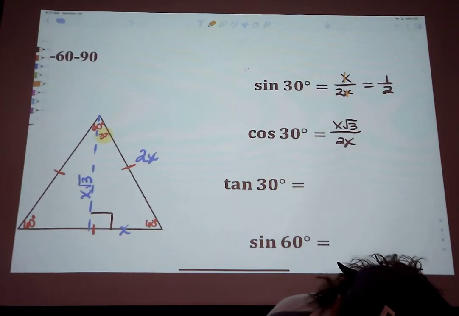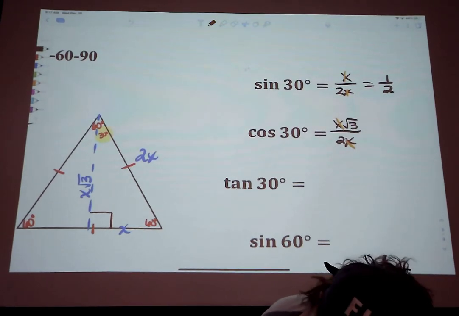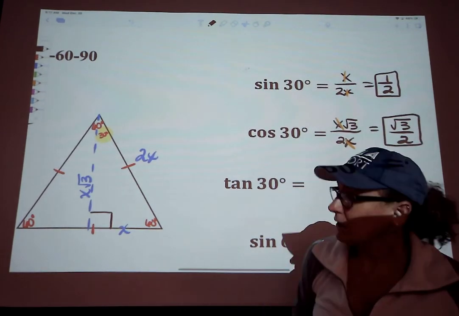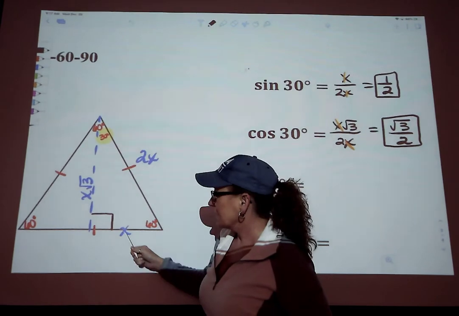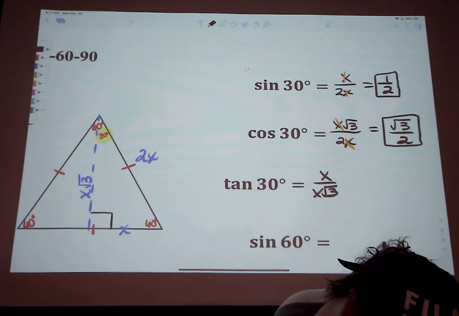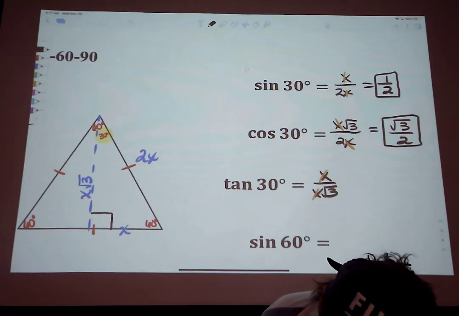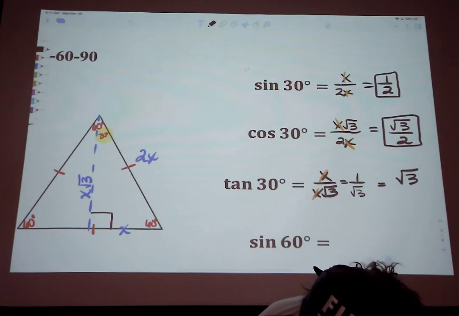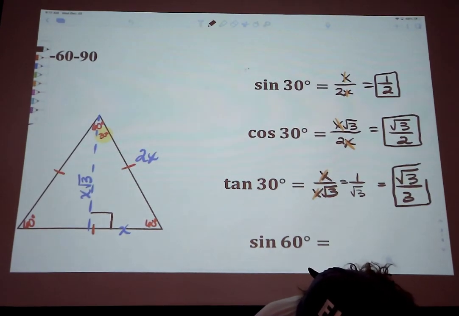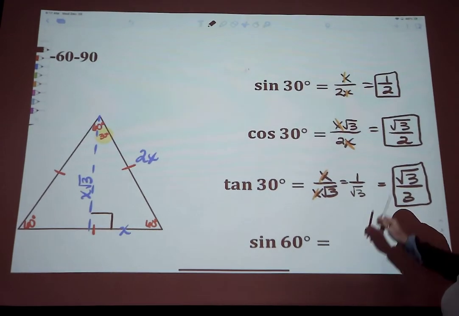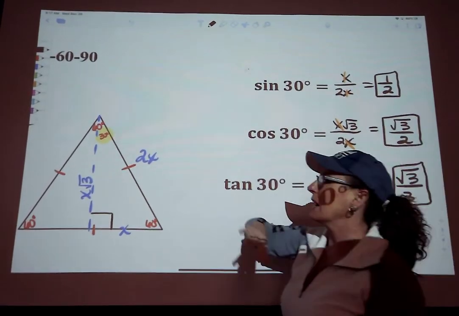That's not bad. And let's do tangent, opposite over adjacent. That one's kind of yucky. It has to be fixed. I got radical 3 over 3. Okay? Sine, cosine, and tangent fractions for any 30-degree angle.